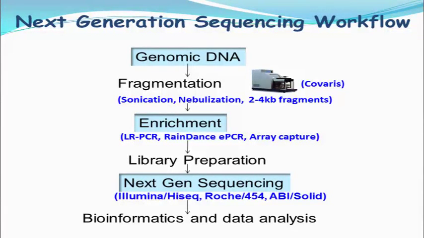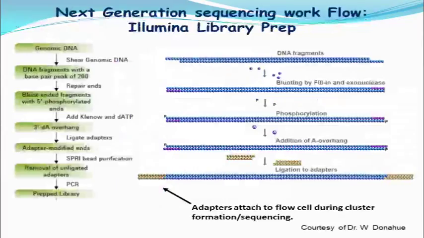It can use long-range PCR, emulsion PCR, or array capture, focusing only on the targeted region you are interested in. Then these products are followed by next generation sequencing library prep. The products are then loaded to the next generation sequencing instrument for massively parallel sequencing. After the data has been generated, it goes through bioinformatic pipelines for data analysis.